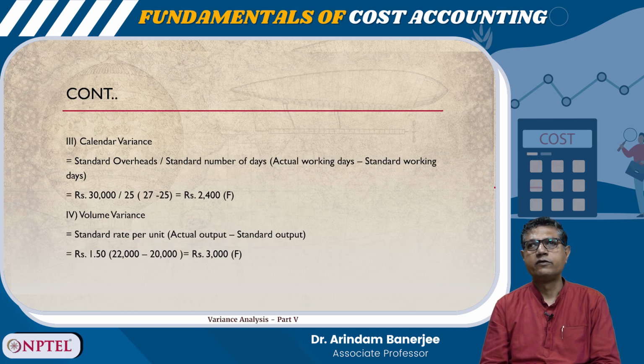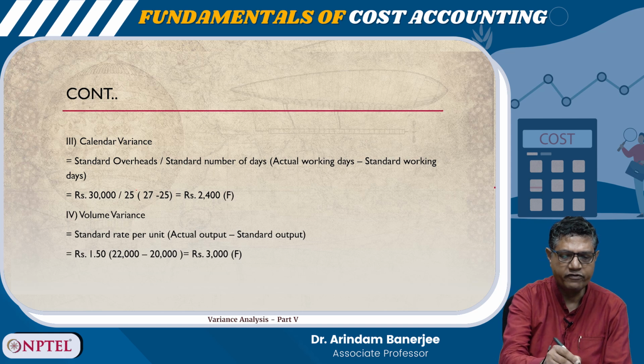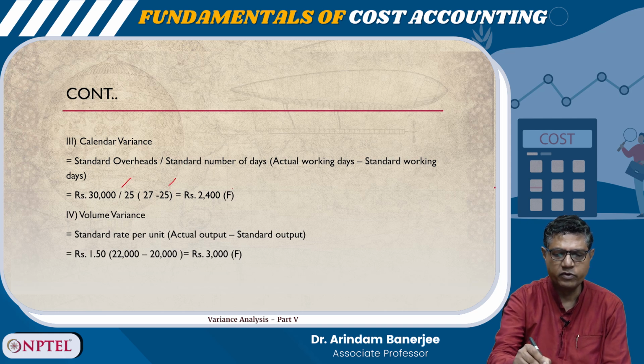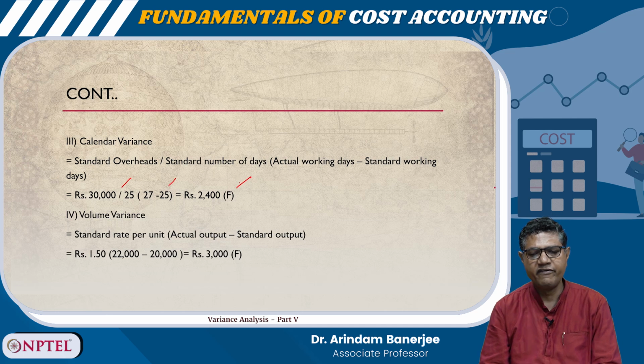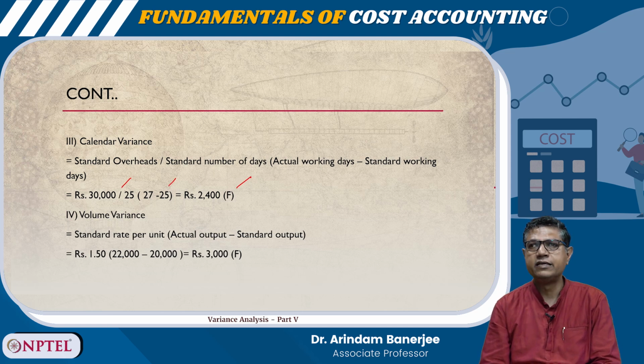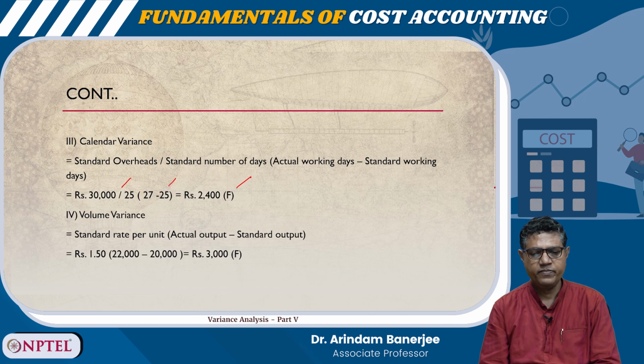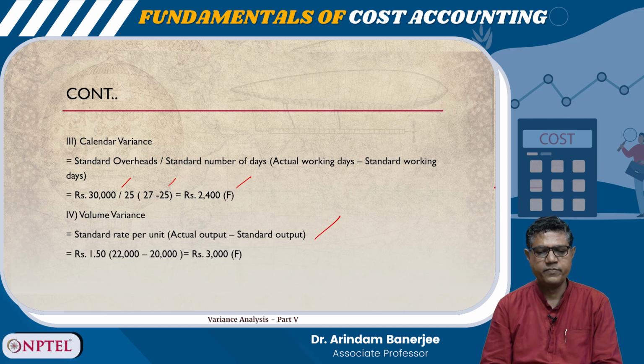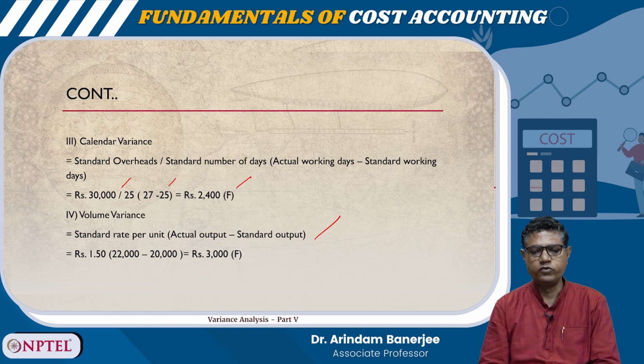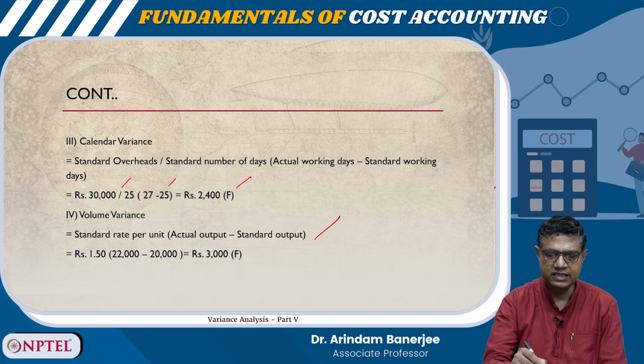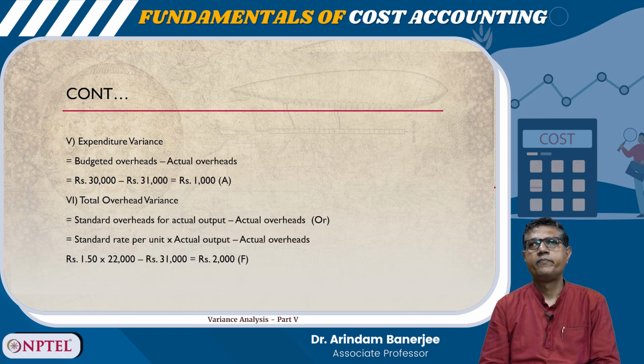Calendar variance we can calculate by using this formula: standard overheads divided by standard number of days into actual working days minus standard working days. So, 30,000 by 25 into 27 minus 25, so 2,400 favorable, right. Volume variance we can calculate using this formula: standard rate per unit into actual output minus standard output. So, 1.5 into 22,000 minus 20,000, that is 3,000 favorable.